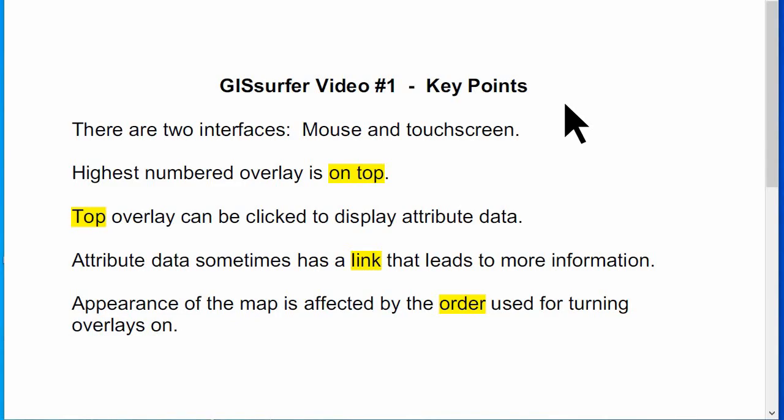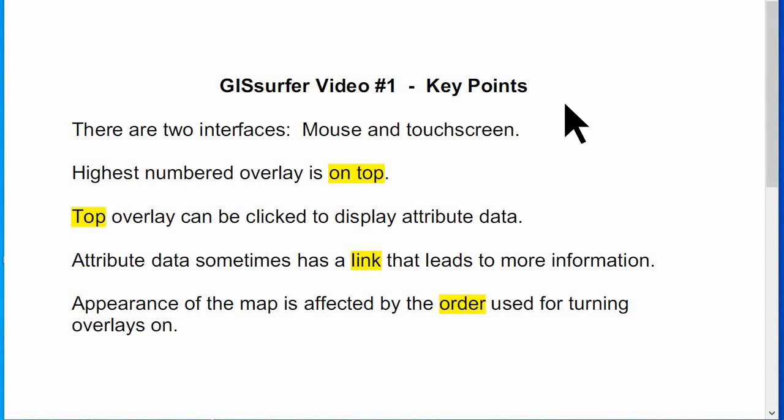This is the end of the GISsurfer introduction video. Next in this series is video number 2, which will show you various things you can do with the menu button and base map button. In addition to the GISsurfer videos, there are also several PDF files with additional tips and examples that are not covered in the videos.